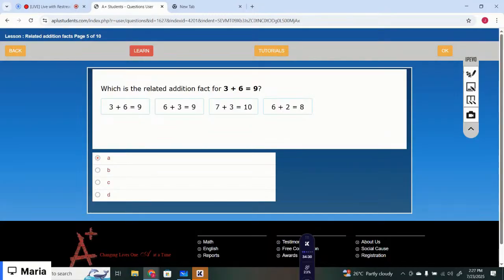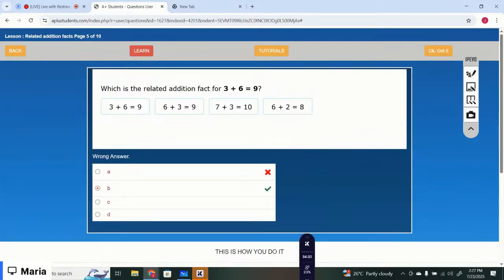Option B is the correct option, 6 plus 3 is 9.